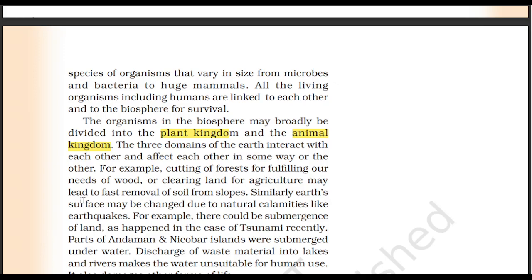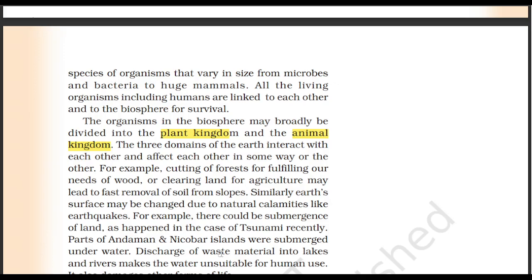For example, land could submerge, as happened in the case of the recent tsunami. Parts of Andaman and Nicobar Islands were submerged because of the tsunami. The land went under the water.